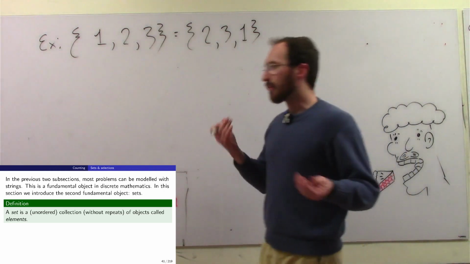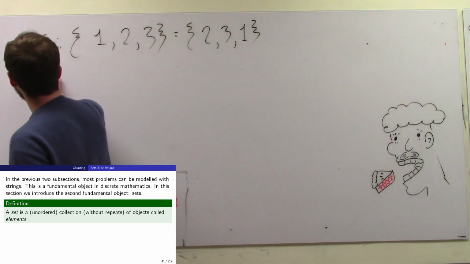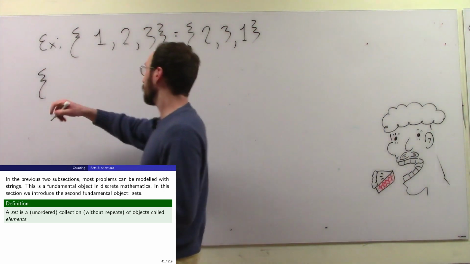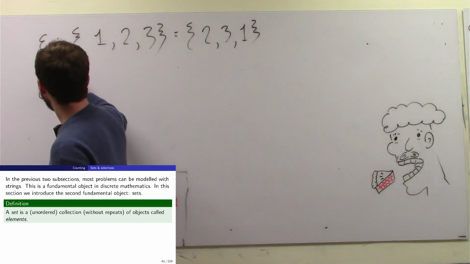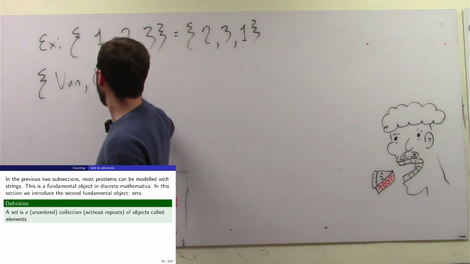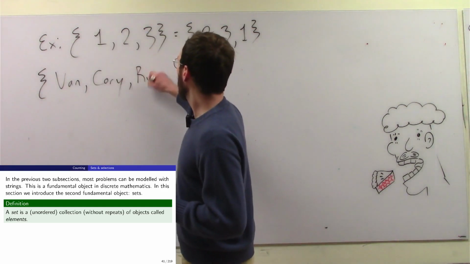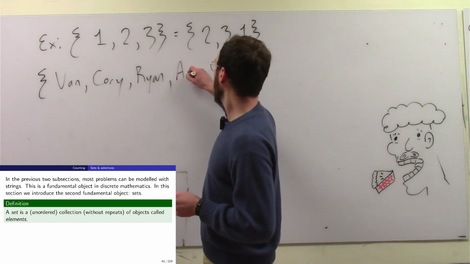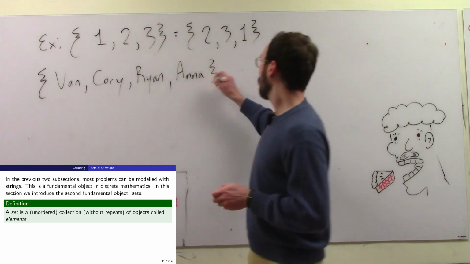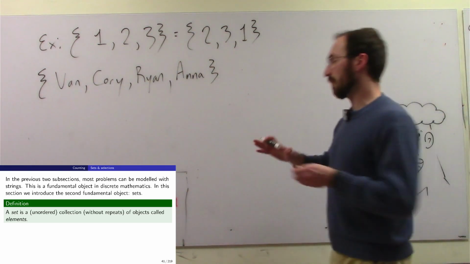We don't always talk about numbers. A set is just objects, so you could even have, say, Van, Corey, Ryan, Anna. That's also a set. Wonderful.